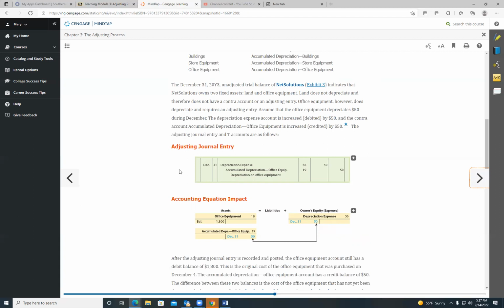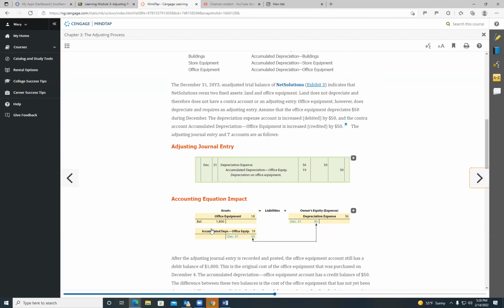Assume that office equipment depreciates $50 during the month of December. The depreciation expense account is increased with a debit of $50, and the contra asset account accumulated depreciation for office equipment is increased with a credit of $50. This is what the journal entry will look like. Here you see the debit to depreciation expense and a credit to accumulated depreciation for office equipment.